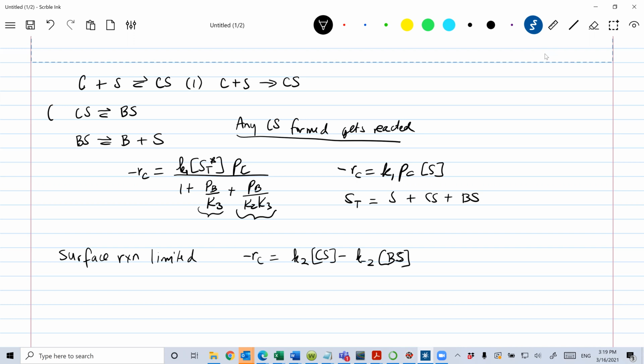That would be reaction number 2. And your desorption is reaction number 3. Okay, so surface reaction is when it goes from site to site. Yeah, so site to site.